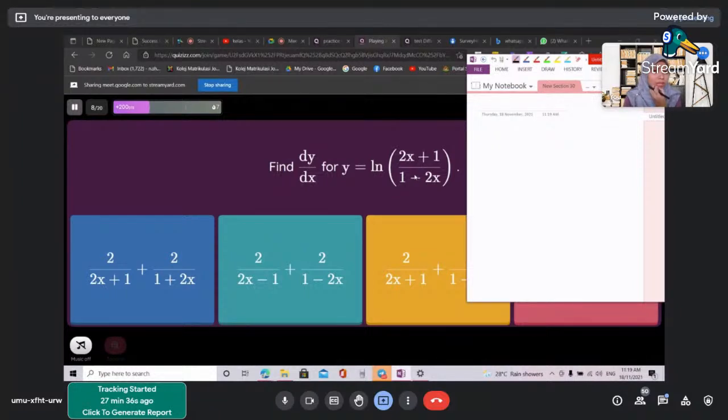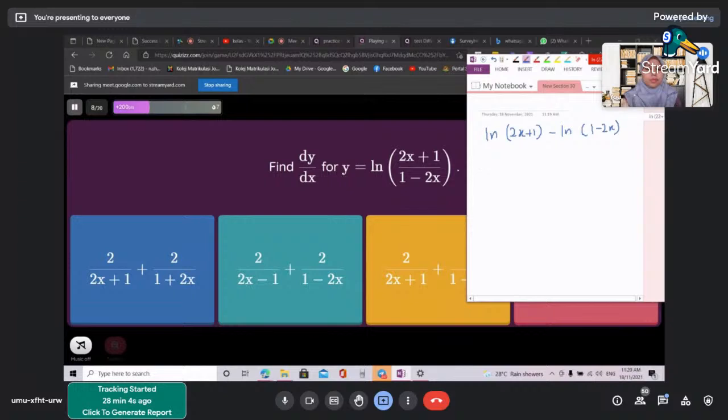Quotient rule is a bit long, so we try to avoid that. So we can use law of log. If you have ln's fraction, it will transform into ln minus ln.